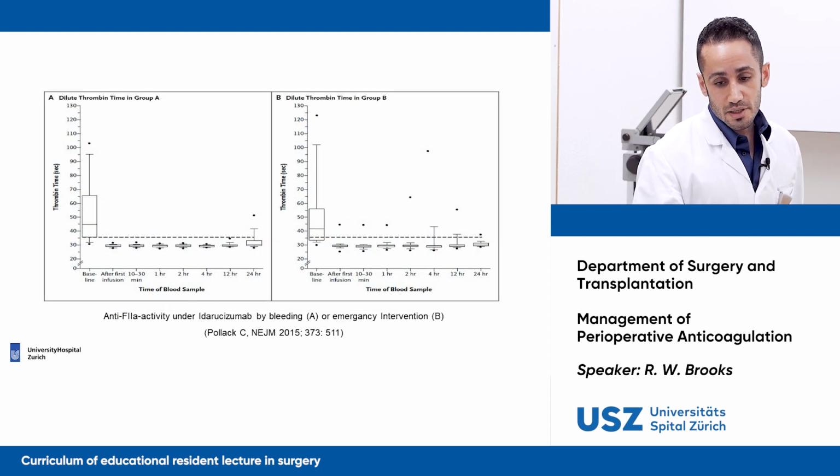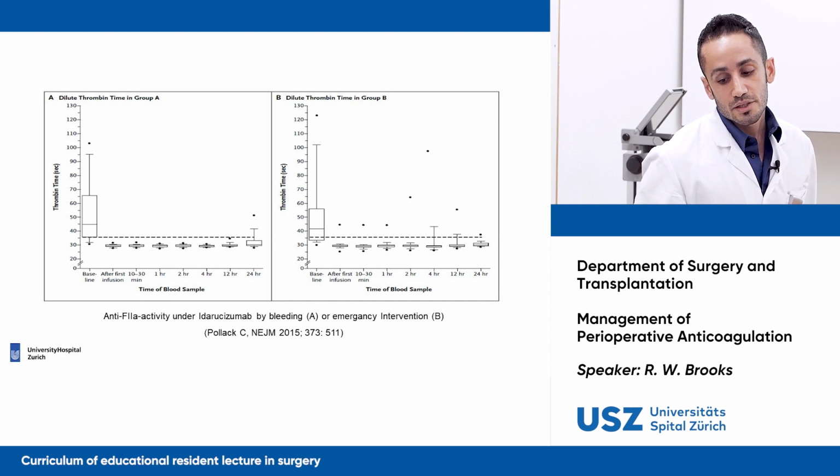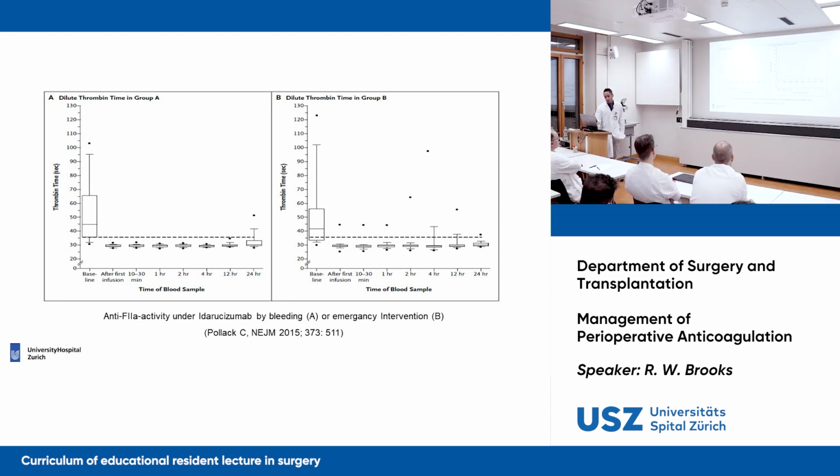As we can see in this graph, on your left-hand side, they are sampling the blood of the patients over 24 hours and testing the thrombin time. On the left-hand side, patients taking idarucizumab because of bleeding, and on your right-hand side, patients who are undergoing an emergency intervention.